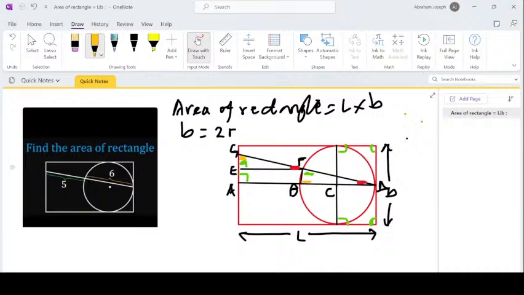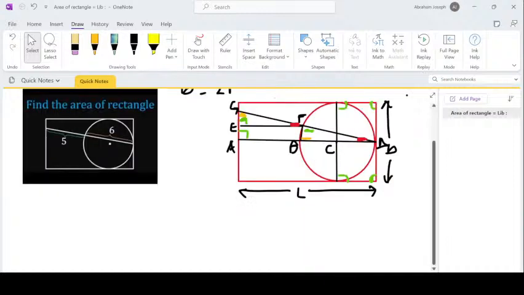So now we have some useful, nice relationships between all the triangles. You can see that most of the triangles we have here have something in common. So let's try and apply our similarity ratio.